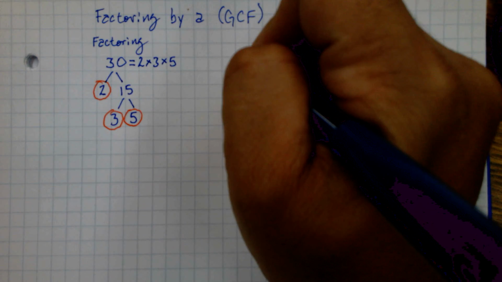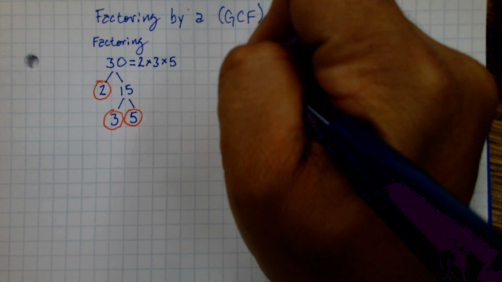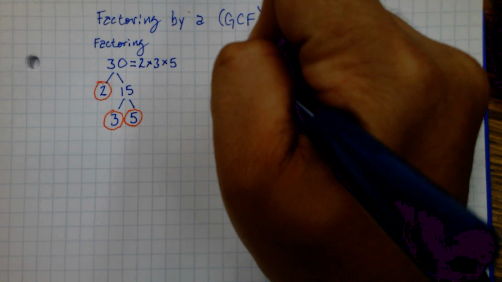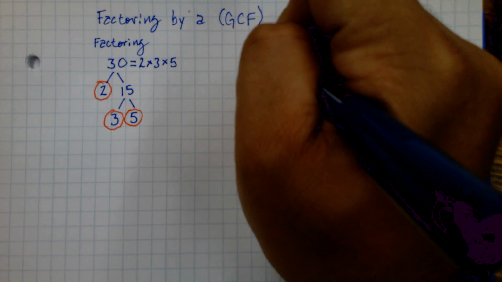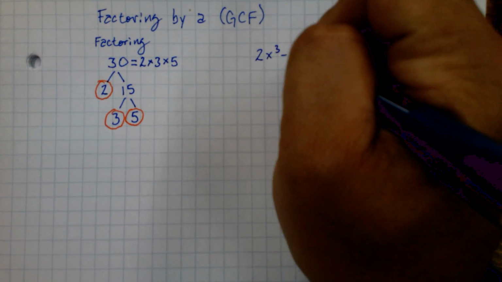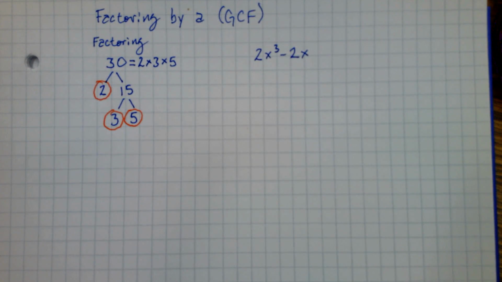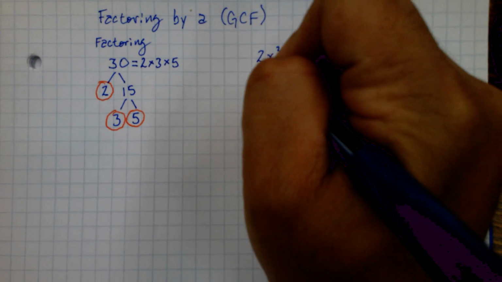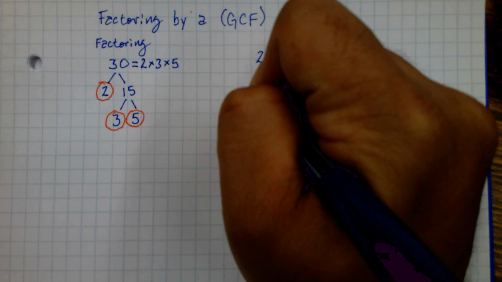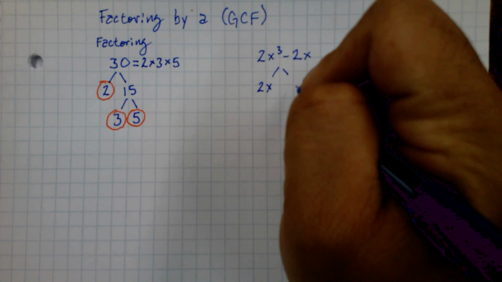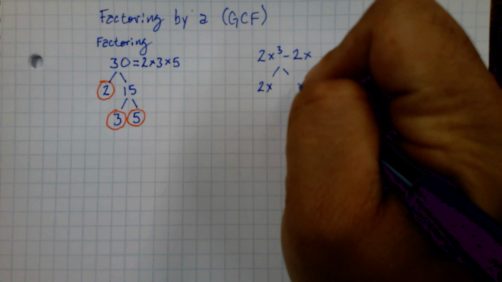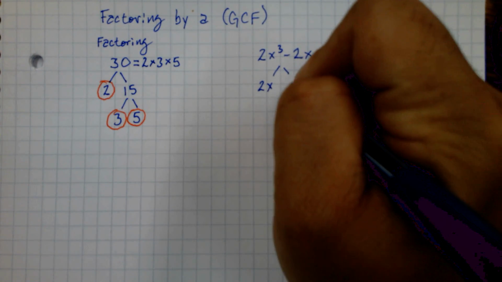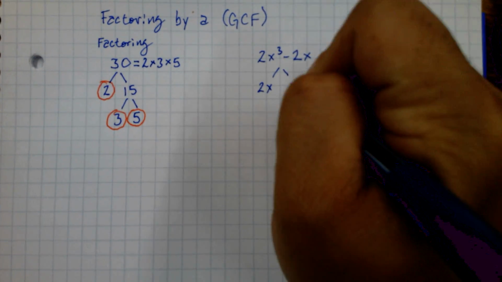Another number. Say I have this polynomial, 2x cubed minus 2x. Well, first I notice that I can factor out a greatest common factor of 2x. So that's 2x. And then the other one is x squared minus 1.